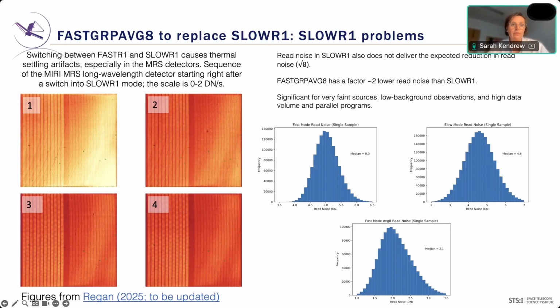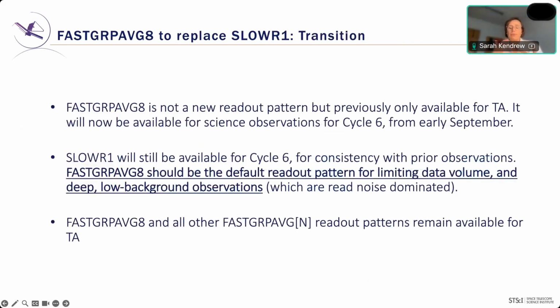And so we've now decided to start phasing out slow R1 and replacing it with fast group average 8. Slow R1 reads the pixel 8 times. Fast group average 8 just takes 8 frames and averages them. So in terms of the frame read time, they are very similar. But because the fast group average modes aren't a detector state change, the averaging is done outside of the detector.